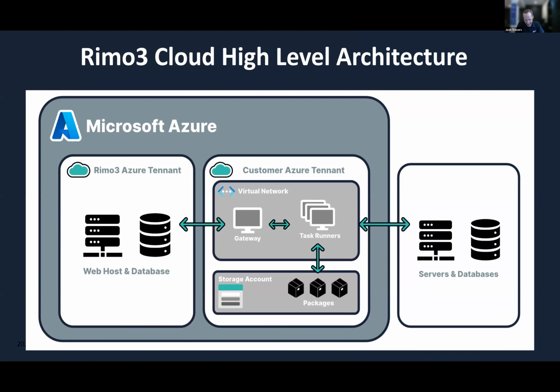So now we're going to get into the technology stack itself. Once you boil down the Rimo3 software, at its core, it's a very robust automation and orchestration engine. And I always like to share the high-level architecture because this provides really a window into what that automation looks like.